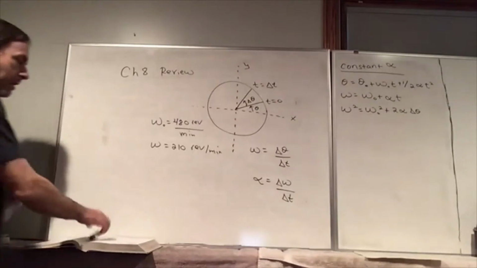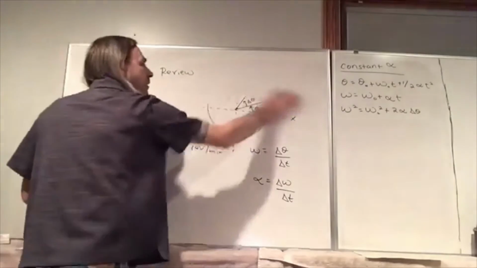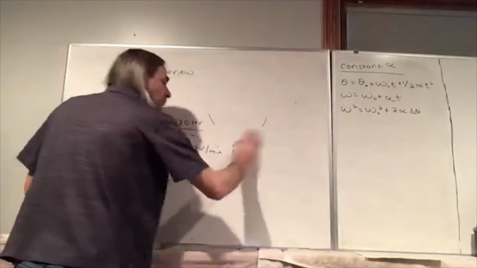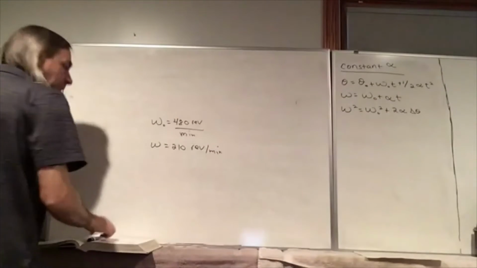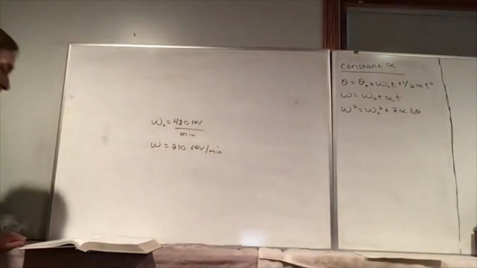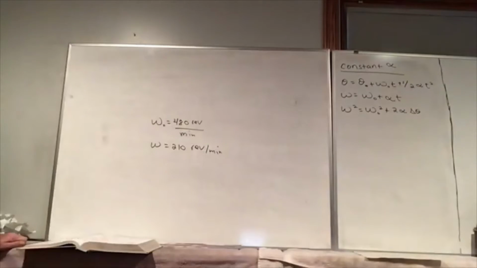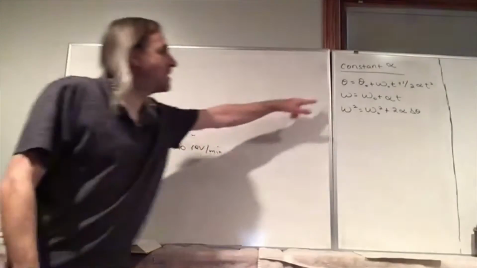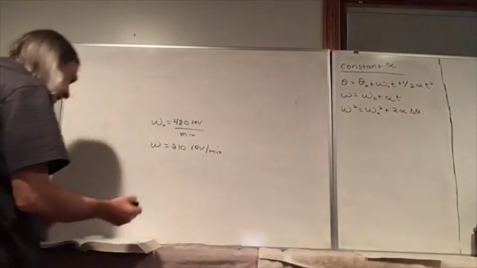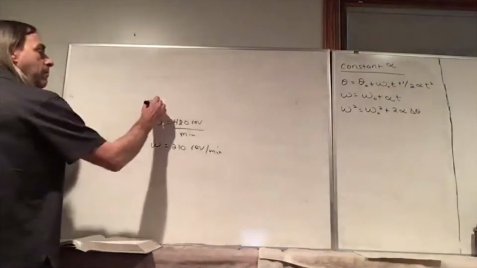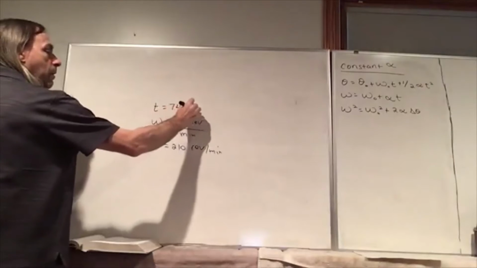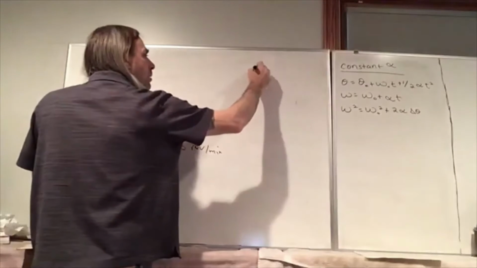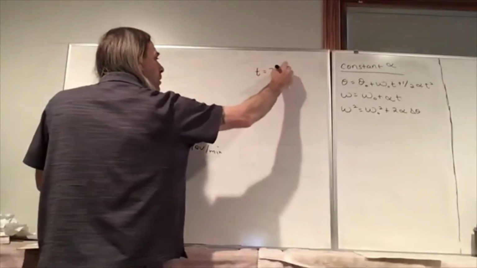So this is mainly a conversion issue here. We want to find the angular acceleration, so we can use this second equation. Oh yeah, the time is 74 minutes. I should have put it up here initially.